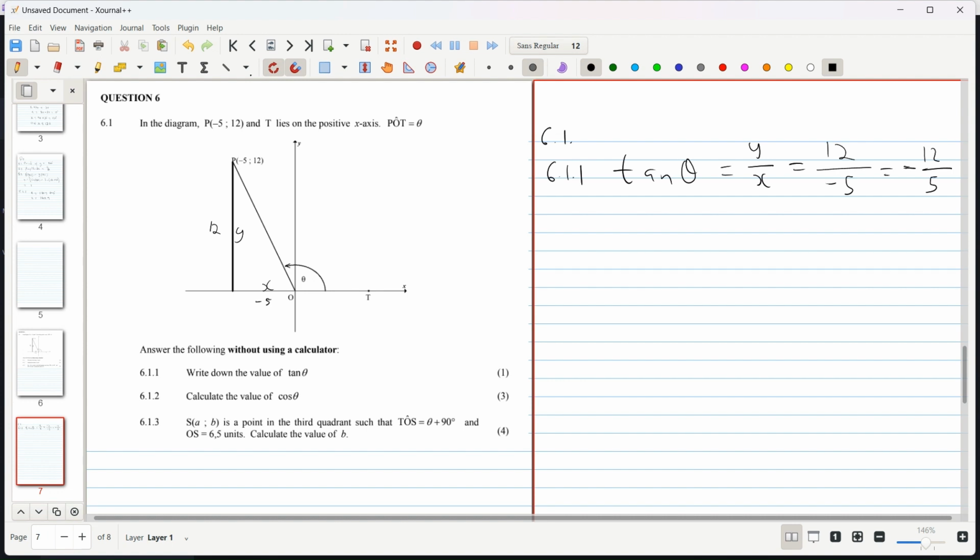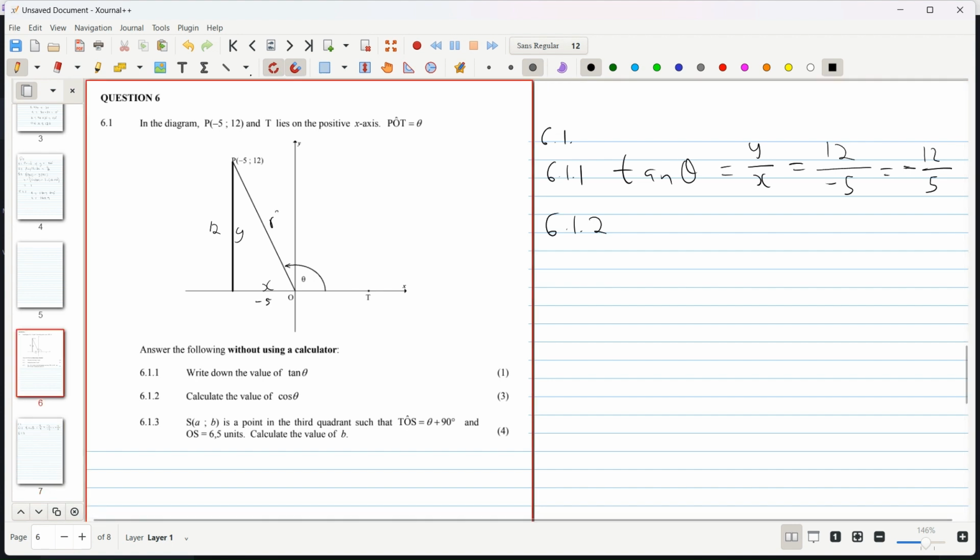For 6.1.2, they ask us to calculate the value of cos theta. To find cos theta, we also need to know our hypotenuse. We don't know our hypotenuse, but we know our x value and our y value. We can find the hypotenuse by using the theorem of Pythagoras.